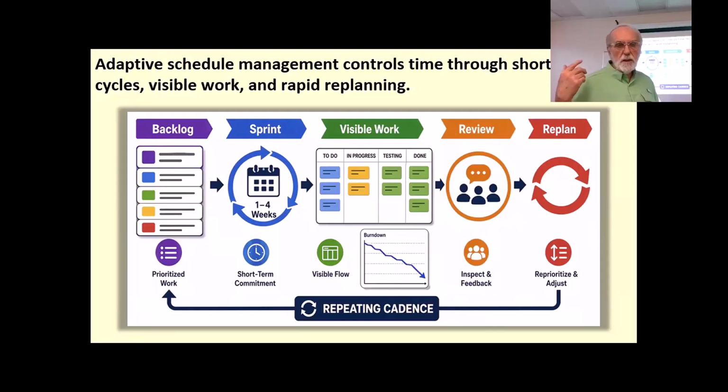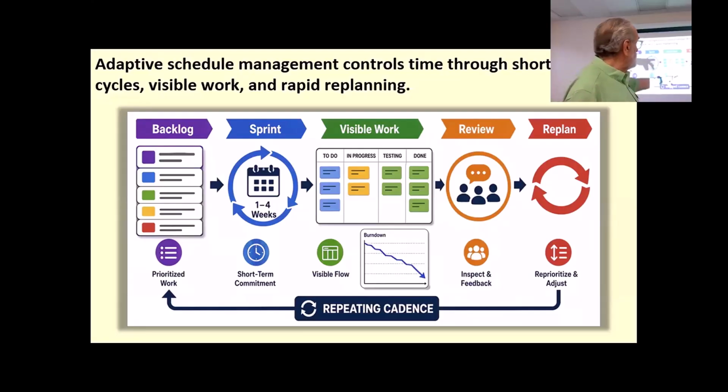Instead of relying on a detailed end-to-end schedule, adaptive projects manage time through short cycles, visible work, regular review, and rapid replanning. The lifecycle notes describe Agile as an iterative incremental approach that delivers smaller pieces of work in short time frames and emphasizes flexibility, collaboration, customer feedback, and continuous improvement.